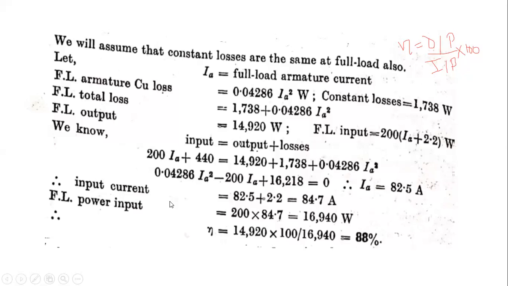Similarly, we calculate the input current. Therefore, input current is equal to Ia plus Ra, that is 82.5 plus 2.2. Then we obtain the full load power input, that is V into I, V is 200 into input current 84.7. Next, similarly, we calculate the efficiency.